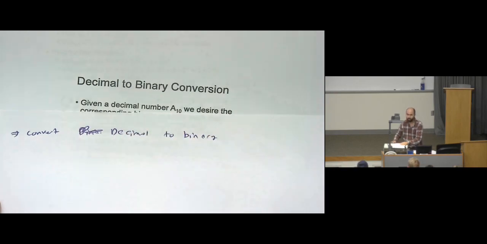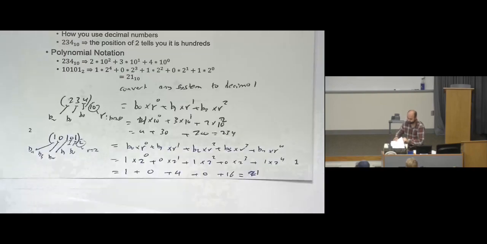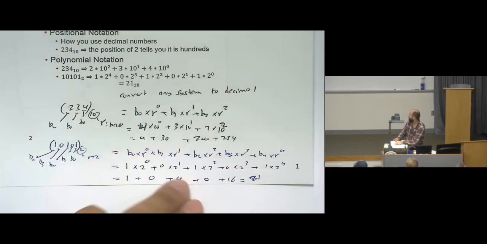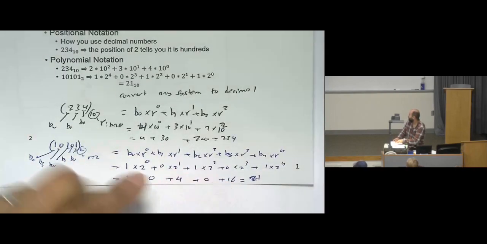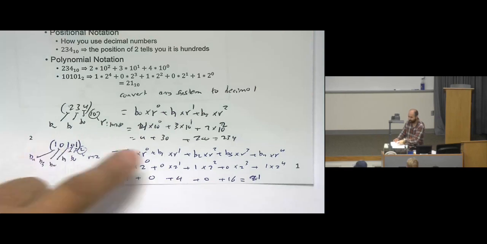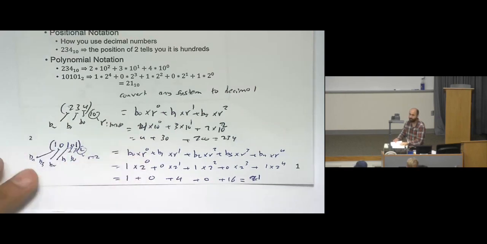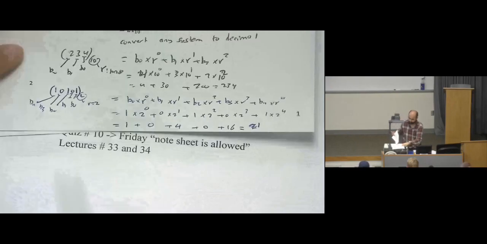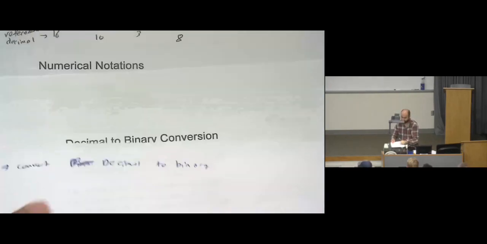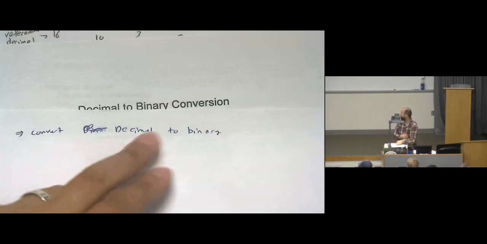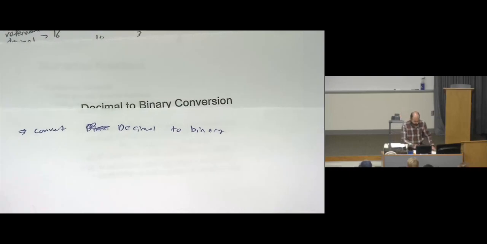How about the opposites? In the past, we already talked about how to convert binary to decimal. Or it can be octal, hexadecimal, and so on. How about the opposite? Converts decimal to binary.